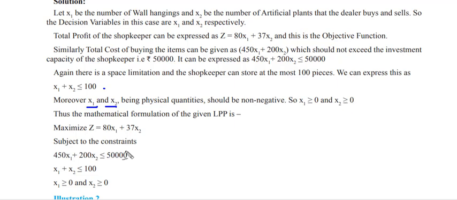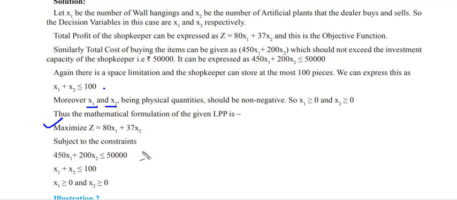So the mathematical formulation will be: first, we have to maximize z, meaning profit, because this equation will be 80 rupees by selling x1 and 37 rupees selling x2. x1 is wall hanging and x2 is artificial plant, subject to the constraints, with these conditions. 450x1 plus 200x2 is less than or equal to 50,000.